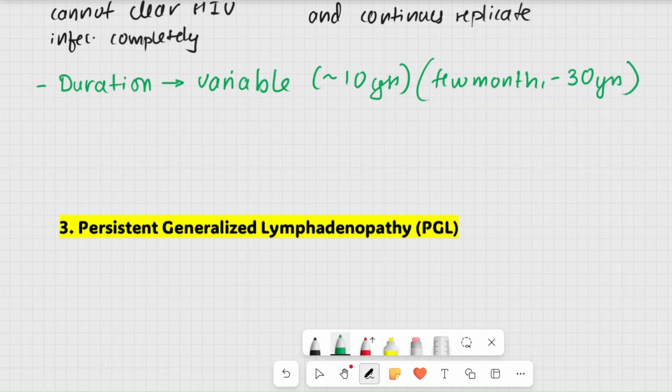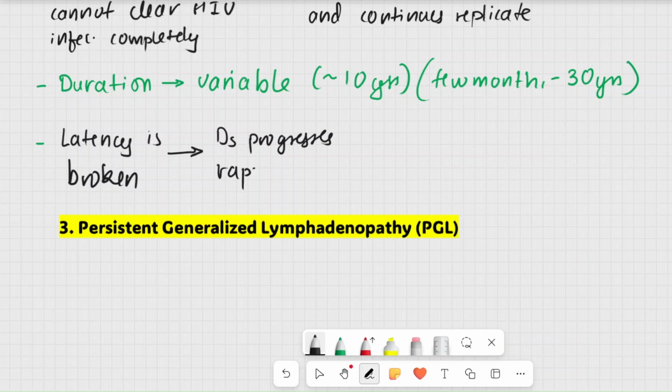Now once this 10 years or whichever duration of latency period there is, once the latency is broken, guys, the disease progresses rapidly.